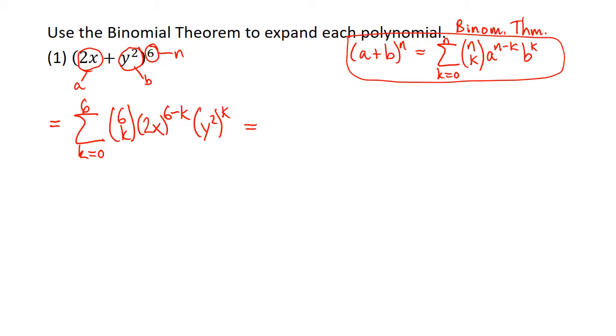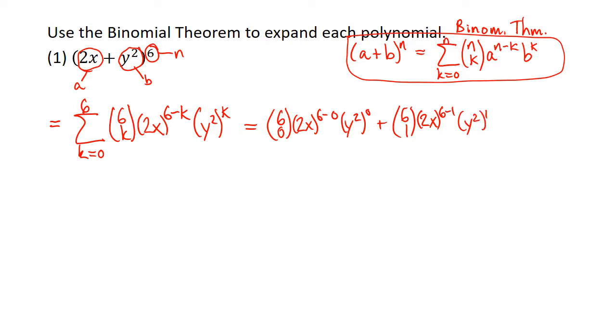So first I'm going to plug in k equals 0, so this will be 6 choose 0, (2x) to the 6 minus 0, (y squared) to the 0, and then I'm plugging in 1 for k, so 6 choose 1, (2x) to the 6 minus 1, (y squared) to the 1.